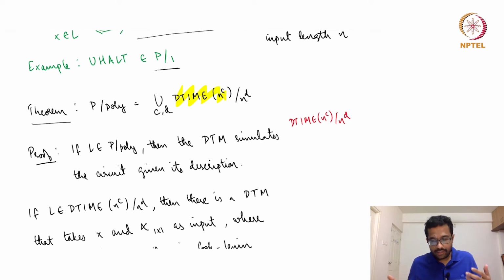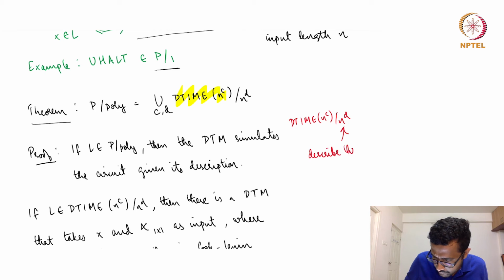So the very obvious or immediate thing to guess will be the description of the circuit. For each input length there is a different circuit, so this n^d advice could describe the circuit for length n.